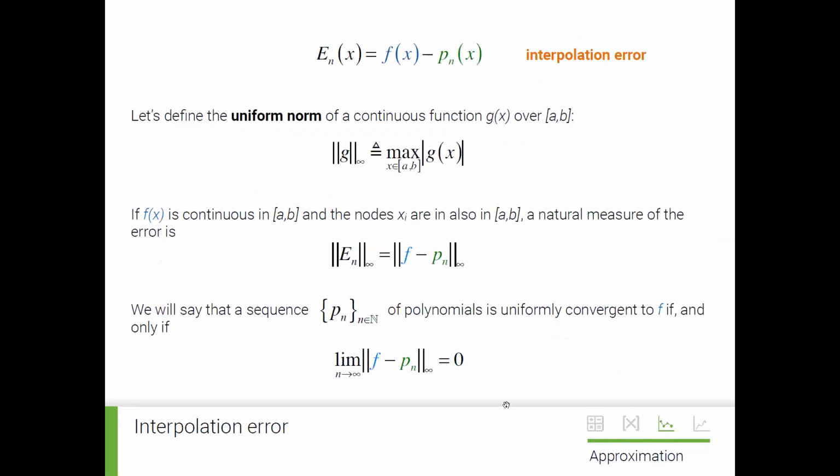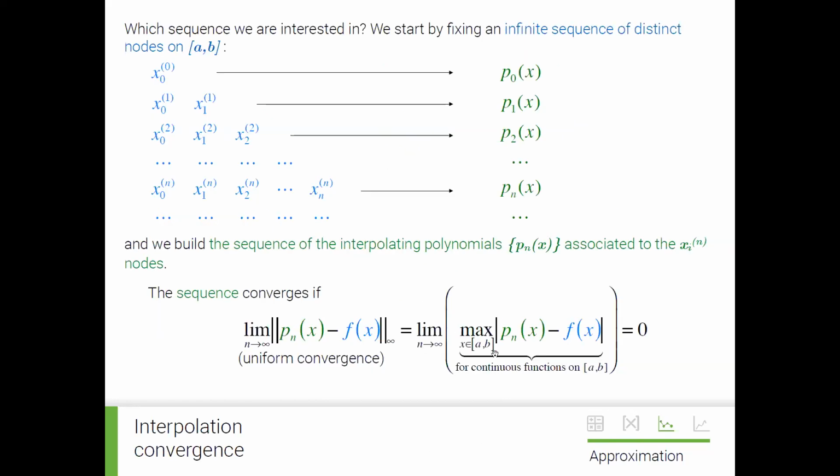This is from the previous slide. Here you can see that p_n converges uniformly to f when the limit is 0, and this uniform norm we can define this way, as the maximum of the absolute value of g of x, for a continuous function, of course.